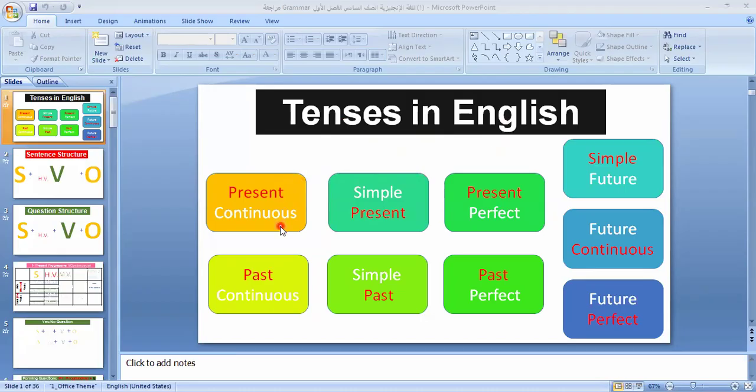We have present continuous, present simple, present perfect, future simple, future continuous, future perfect, past perfect, past simple, and past continuous. And every tense has its function, and all of us know the function when we use every tense. Let's go to another item.